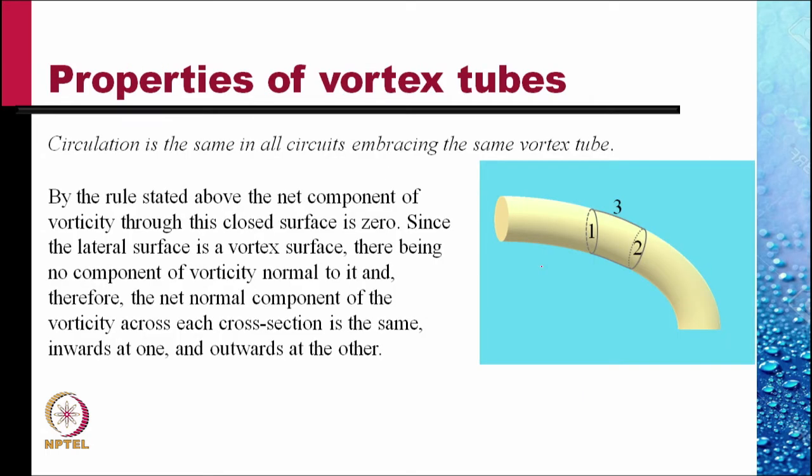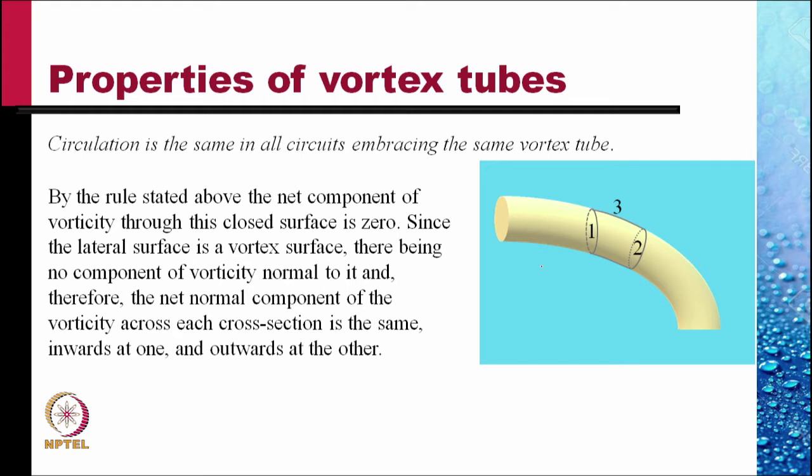Now, one of the important properties of vortex tubes is that the circulation is the same in all circuits embracing the same vortex tube. Consider a volume which is part of a vortex tube shown.